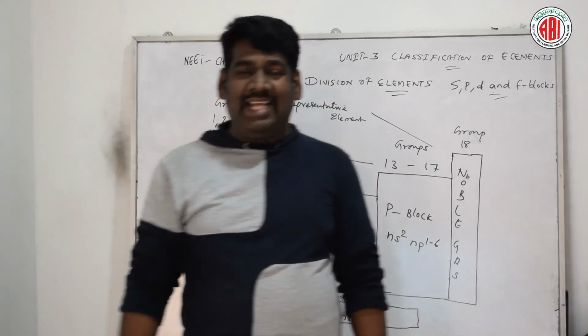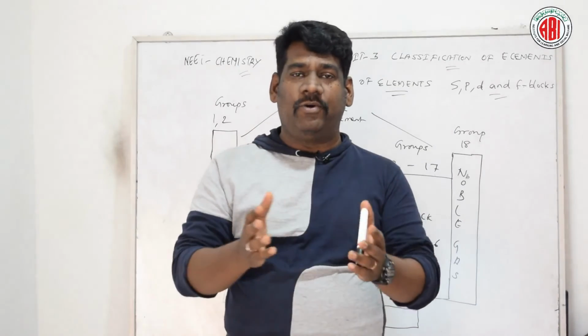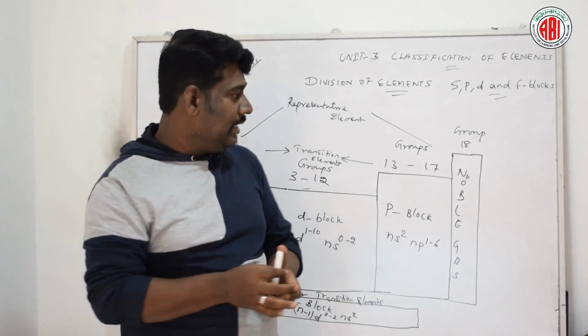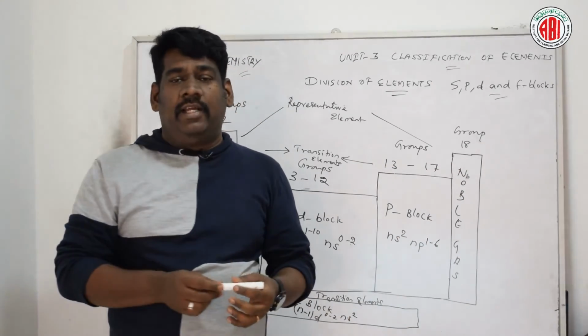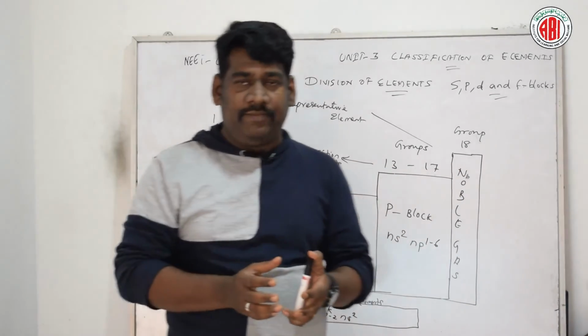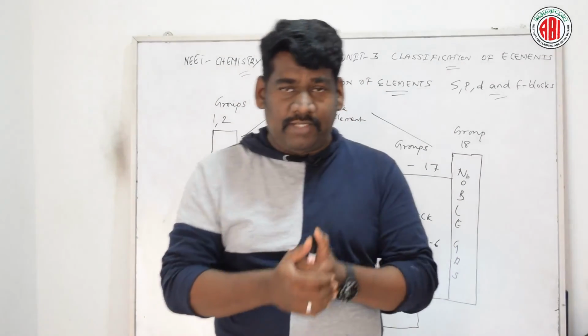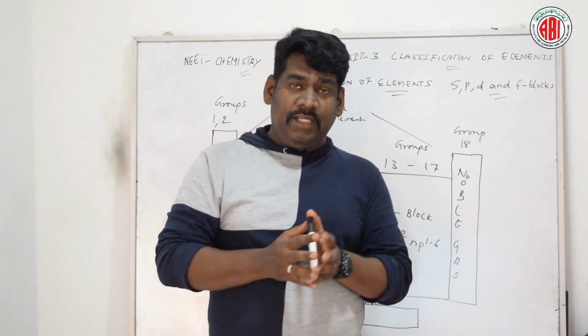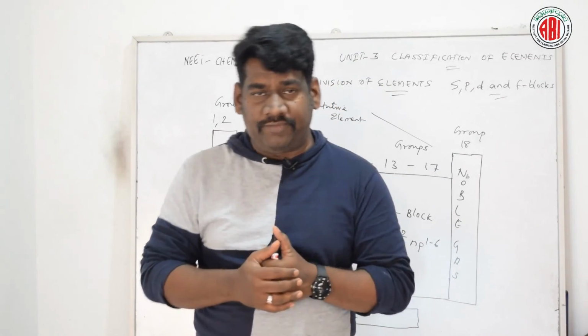Now, classification of elements on the basis of four major categories. Let us see them one by one. The first one is the noble gases, the group 18 elements. Except for helium, these elements have completely filled s and p orbitals in the outermost shell, and helium just has a 1s2 configuration.